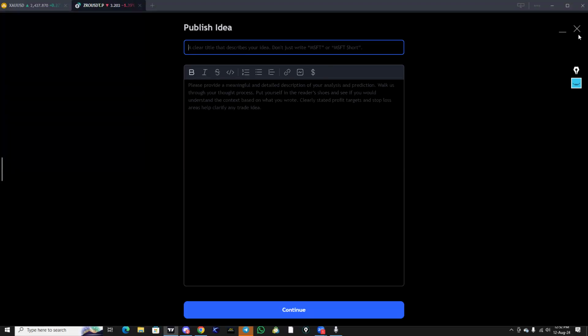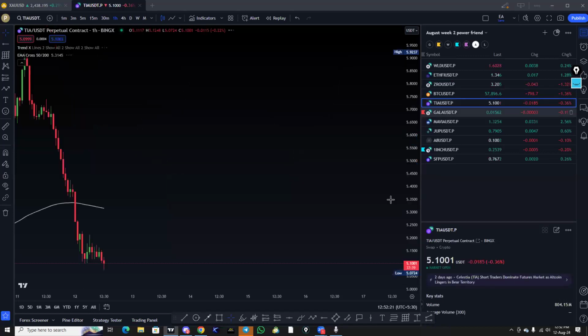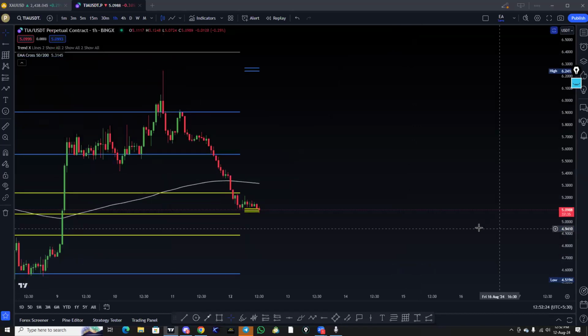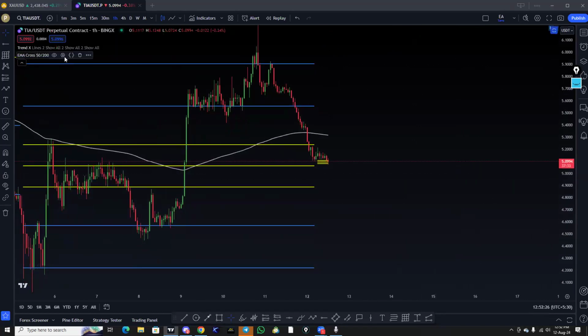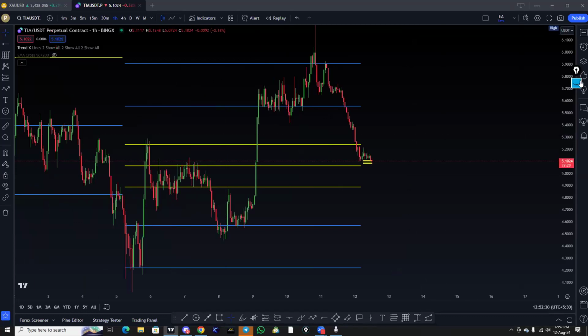So we'll go back to this. I don't see any trade here. I don't want to see any trade here because the previous week was a wide trend and we got a very good move. I think we should avoid these tokens.